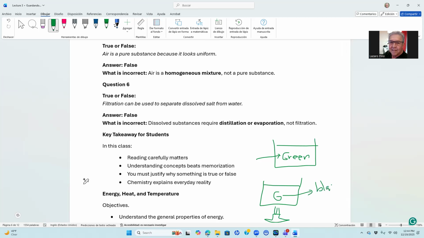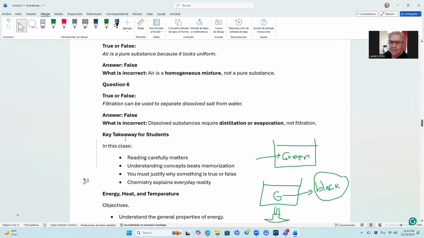And when there is a change of color, for sure you are in front of a chemical change, because the new substance is black. Then there is a change of the type of substance during the change. Sorry to use the word change so many times. Be careful with that, okay? All right, let's continue with this lecture.